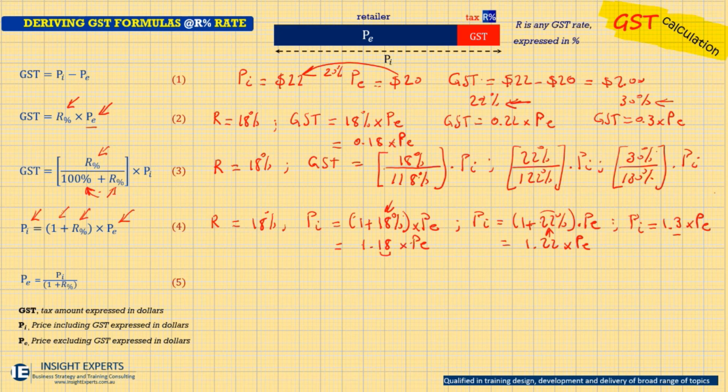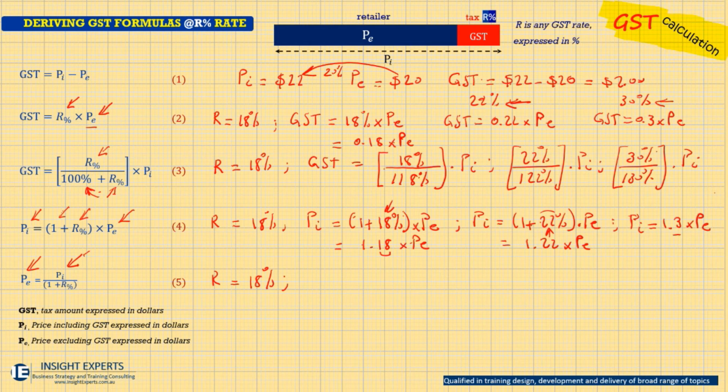Now, equation number 5 is more or less like equation number 4, but this time we swap it the other way around. I have the price including GST, and I need to calculate the price before. So let's say, for example, my rate is 18%, and I would like to know what my recommended retail price is if the GST rate is 18% and the price after tax is already given.